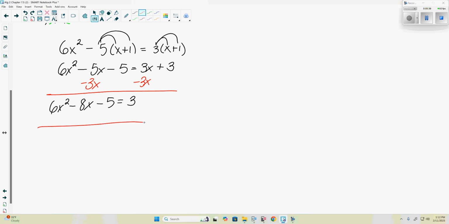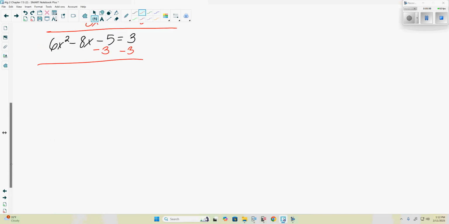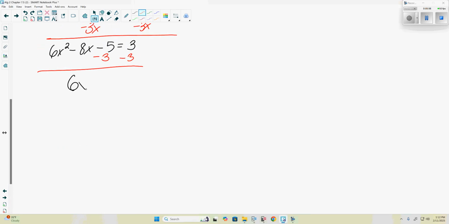What can we do next? Minus 3, because again, we want to get this equation equal to 0. So the only thing left on the one side is the 3. And if we subtract it over, what we end up with is 6x squared minus 8x minus 8 is equal to 0.